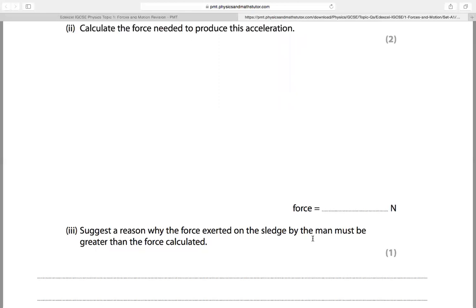It must be greater than what we calculated, because a theoretical value is the ideal situation. Why must it be greater? What is the difference between real life and a calculated value?